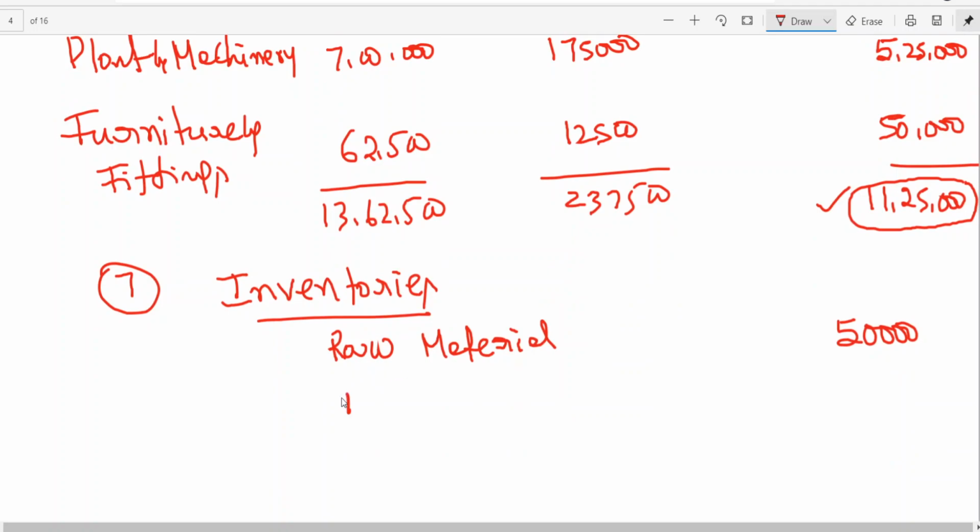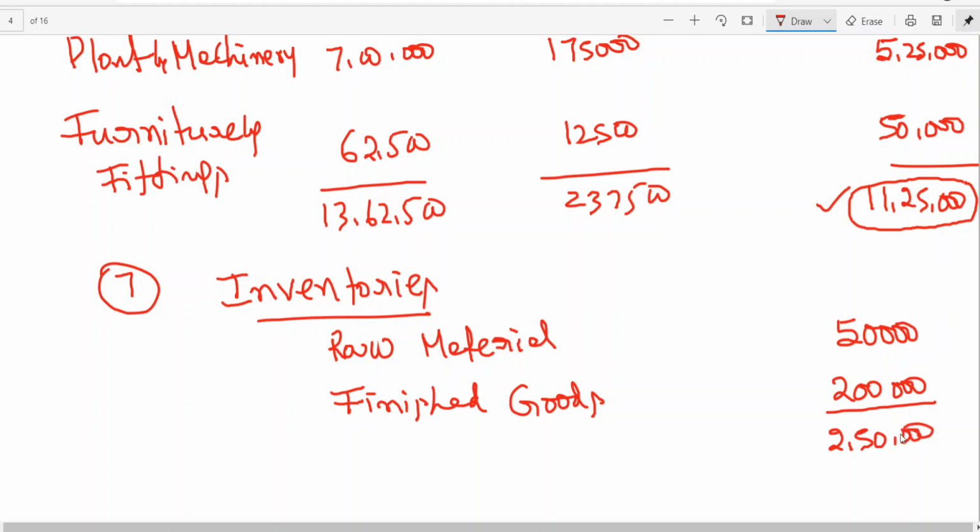Then finished goods 2 lakhs. Total 2 lakhs 50,000.